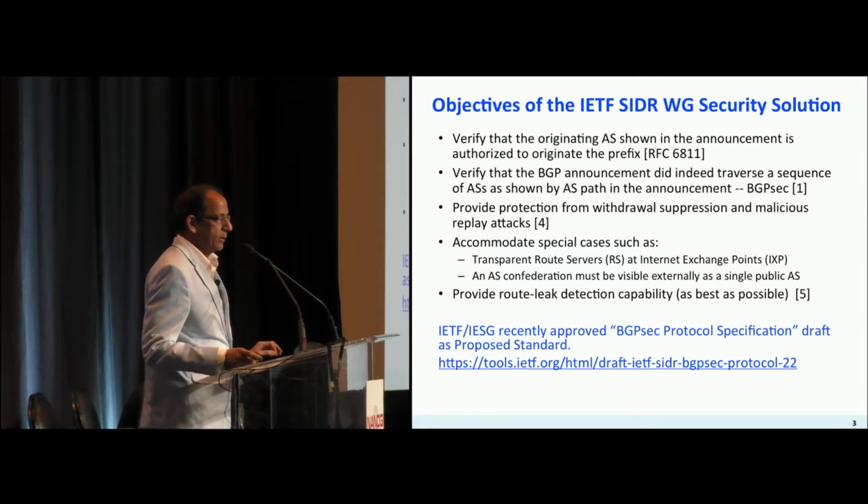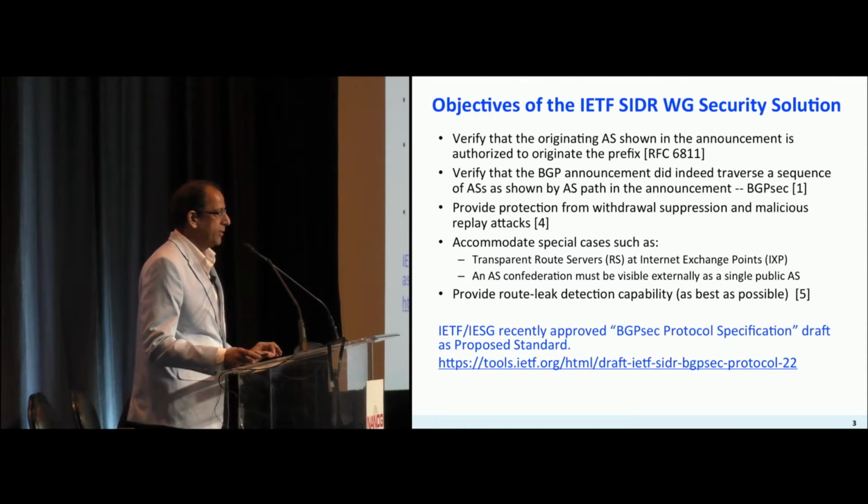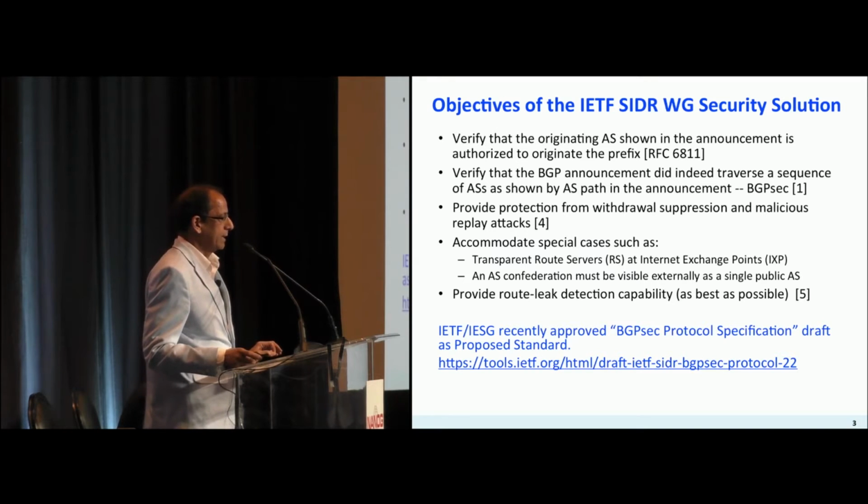In fact, I will be using this slide to talk about the significant things that have already been accomplished in SIDR. To start, the origin validation work has already resulted in multiple RFCs. In particular, RFC 6811 provides the basic validation algorithm for origin validation.